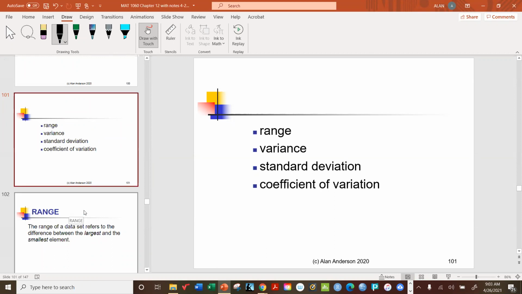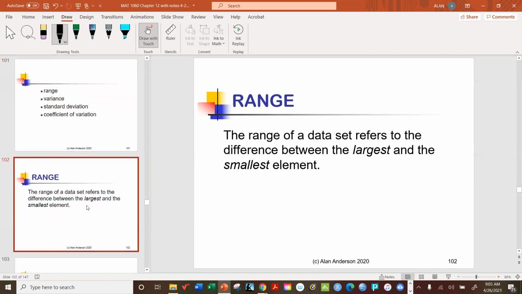All right, so let's begin with the range. The range, as you probably knew already, is simply the difference between the largest and the smallest element in our either sample or population.